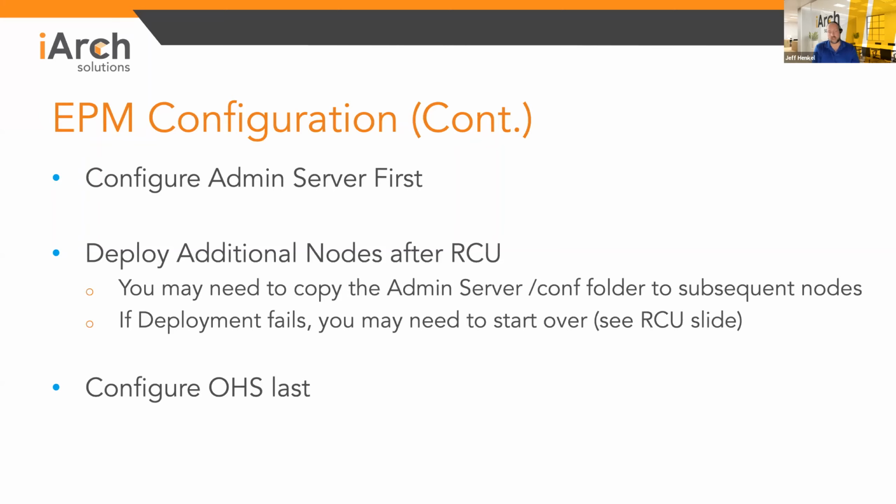And for the life of me, I honestly cannot tell you why sometimes I need to do this and sometimes I don't. I personally find this to be pretty kludgy. It implies that I cannot talk to the WebLogic administration server, but I can map drives between them. I can telnet to port 7001. All that stuff seems to work. And yet every now and then I find that I have to go under domains, EPM system, copy the conf from the admin server, rename the conf on my downstream server, and then replace this.